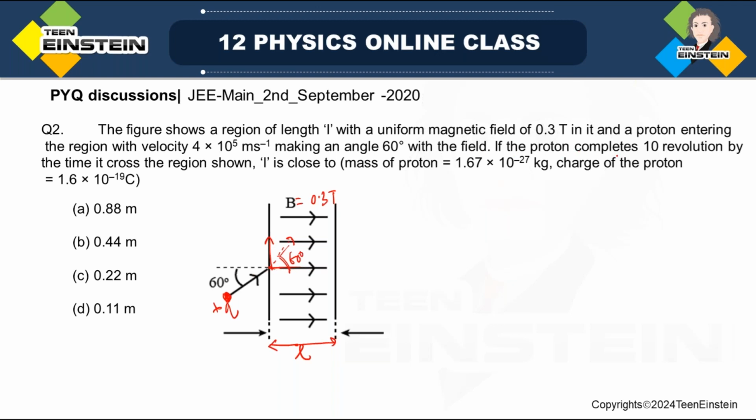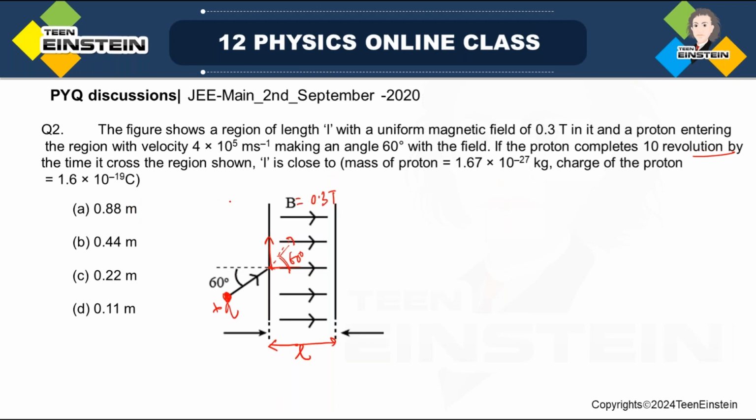Okay, so if the proton completes 10 revolutions by the time it crosses the region L, it's close to, if the proton completes 10 revolutions, the time it crosses the region L is close to. So I think these are in minutes or something, or we'll just see. Time you have to calculate.